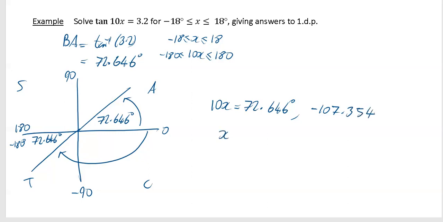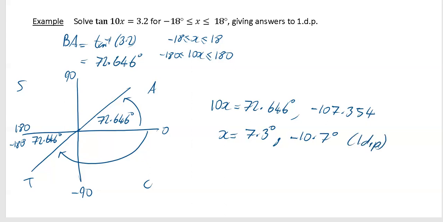And then your last thing to do is just divide through by 10, and remember, give your answer to one decimal place, I should say. So it's going to be 7.3 degrees, and then it's going to be minus 10.7 degrees, and they're both to 1 decimal place.